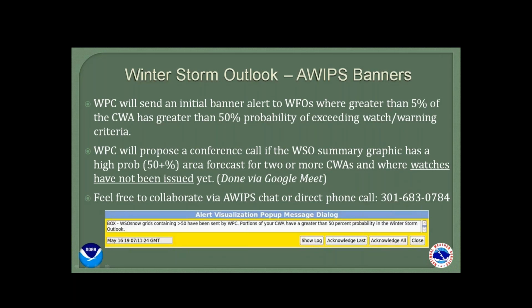We can also chat with them directly via AWIPS chat or a direct phone call. The phone number is, I know, on our winter page, and I'll check to see if it's on our phone book. So they're available to chat. But again, WSO is designed to aid us in our watch and warning decision making.